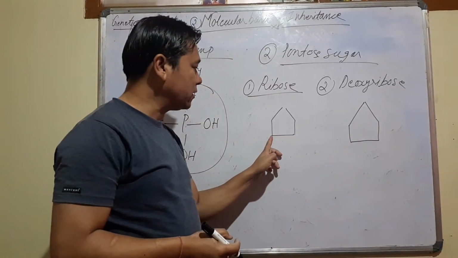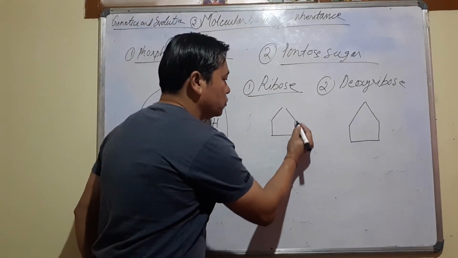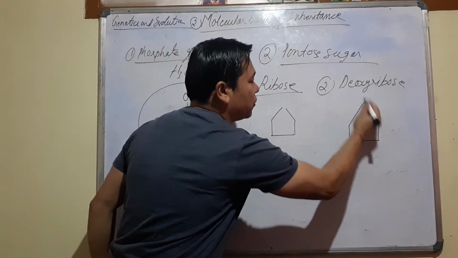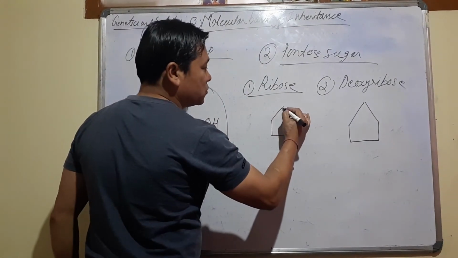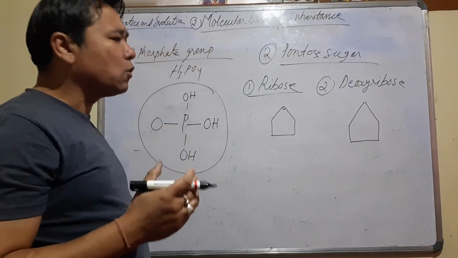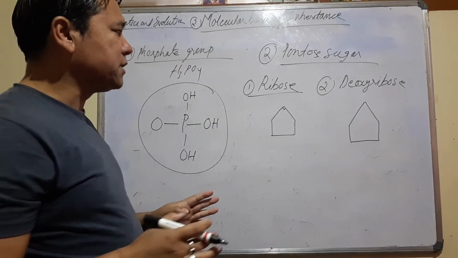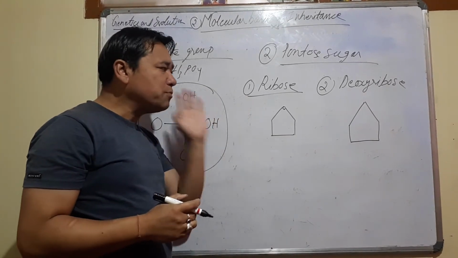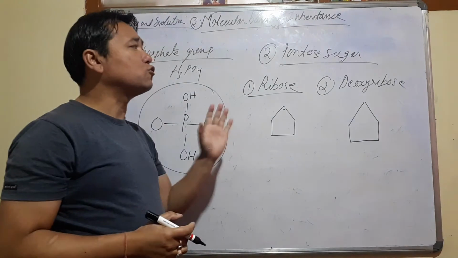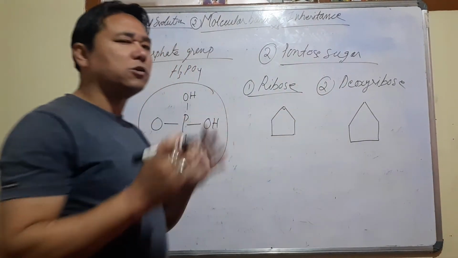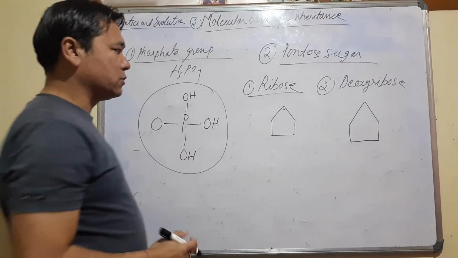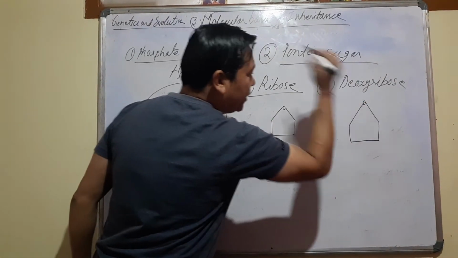How many corners are there? 1 2 3 4 5. 5 वटा कर्नर रहेछ भनेपछि यहाँनिर तिम्रो अक्सिजन हुन्छ. किन हुन्छ? अब क्लास 11 को बायोमोलिक्युल्स भन्ने च्याप्टरमा पढिसकेको छ र पनि इट्स नट नेसेसरी. यु जस्ट मेमोराइज दिस स्ट्रक्चर. पेन्टोज सुगरको स्ट्रक्चर कस्तो हुन्छ र राइबोज सुगर र डिअक्सिराइबोज सुगरको स्ट्रक्चर के हुन्छ? यु जस्ट मेमोराइज द्याट मच ओन्ली. यति याद राख्नुस्. ओके, राइबोज सुगर भयो तिम्रो दुईटा खालको हैन.